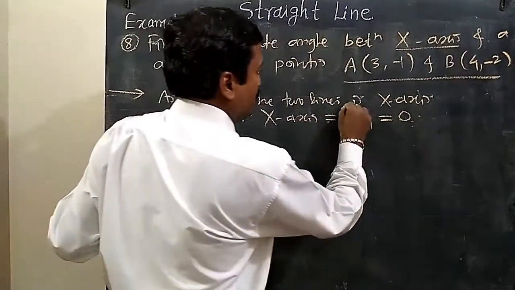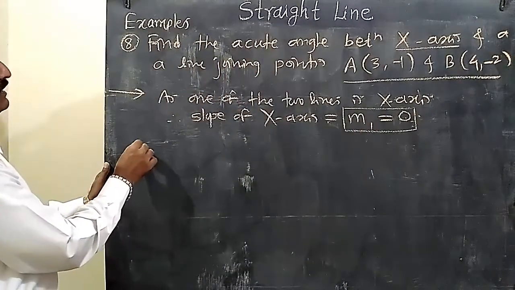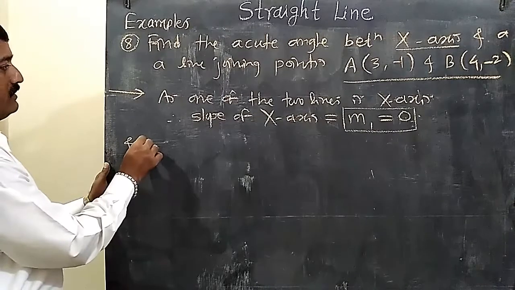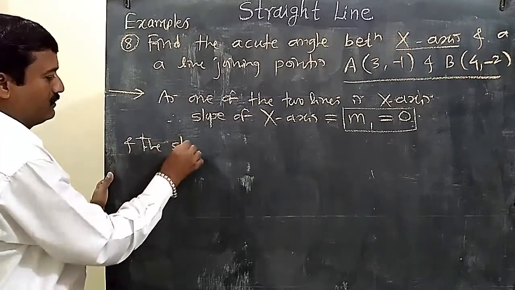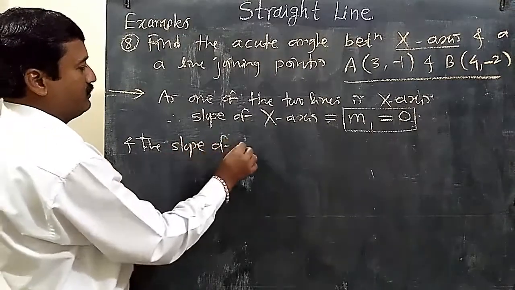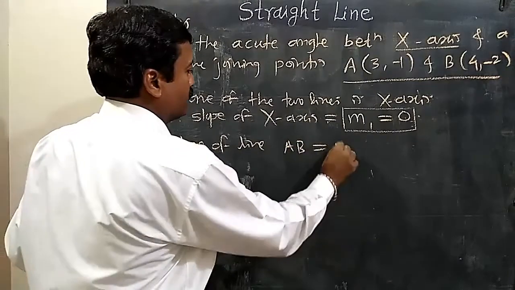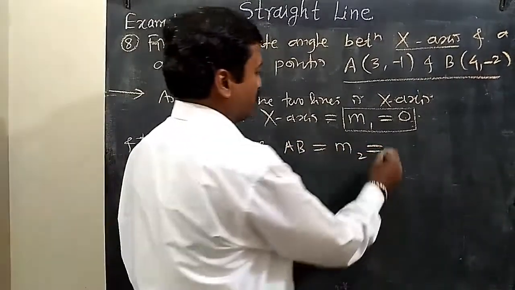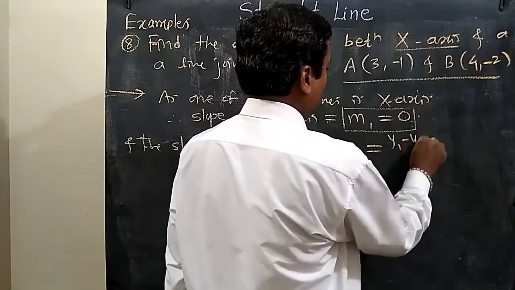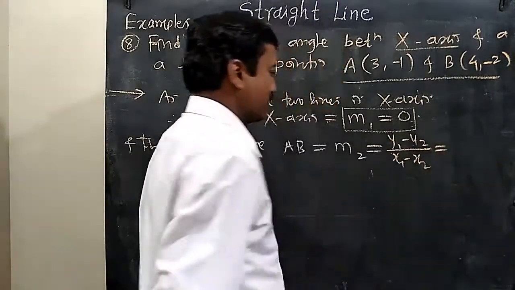So this is the first point, m1 equal to 0, and the slope of line AB, suppose m2, is equal to the difference between y coordinates upon the difference between x coordinates.